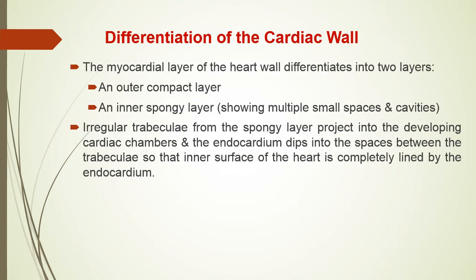Then a few words about differentiation of the cardiac wall. In the beginning, the myocardium is present as a solid layer, but very soon it becomes differentiated into two layers. The outer layer remains compact or solid, but the inner layer becomes spongy because of the formation of many spaces and cavities due to apoptosis or programmed cell death.